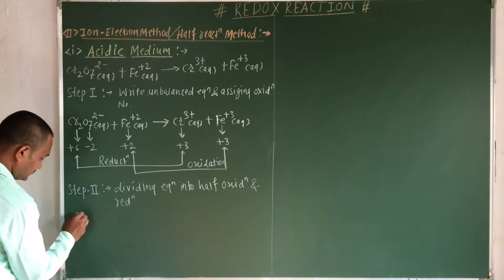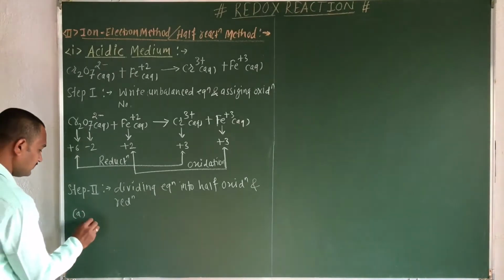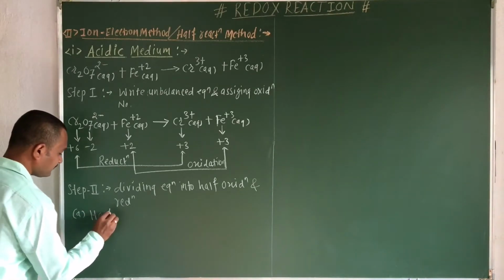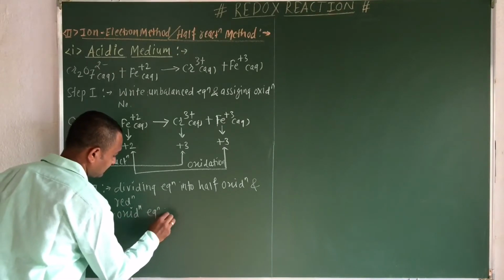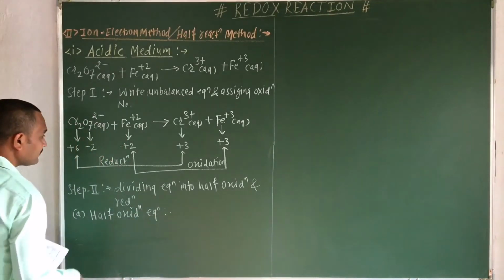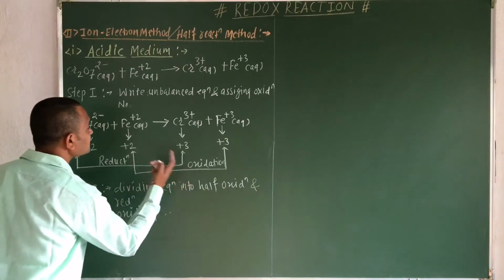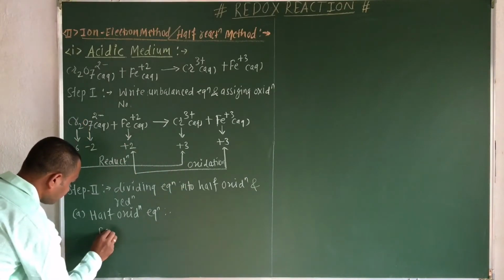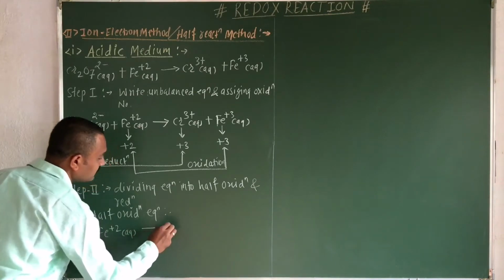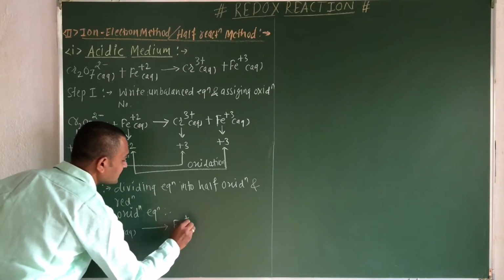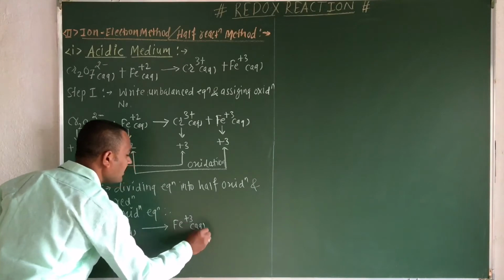The first will be your half oxidation equation. Which is the half oxidation equation? That is Fe plus 2 aqueous converted to Fe plus 3 aqueous. So this is our half equation.